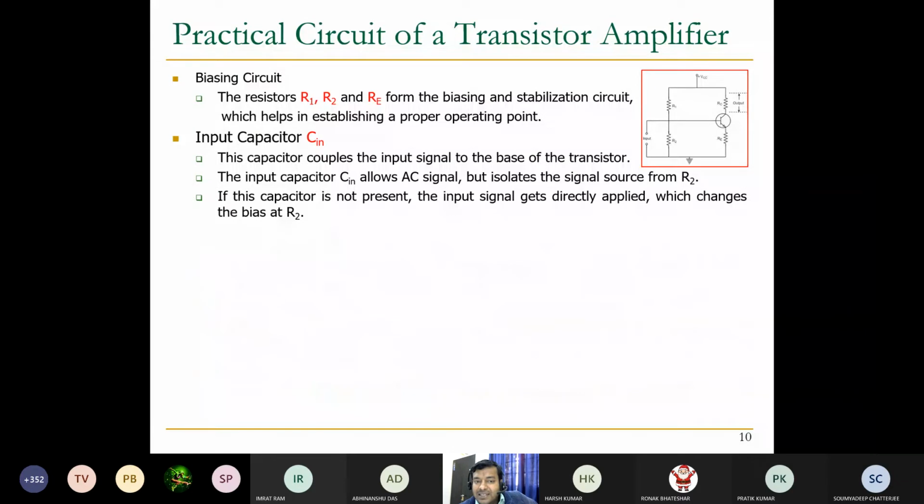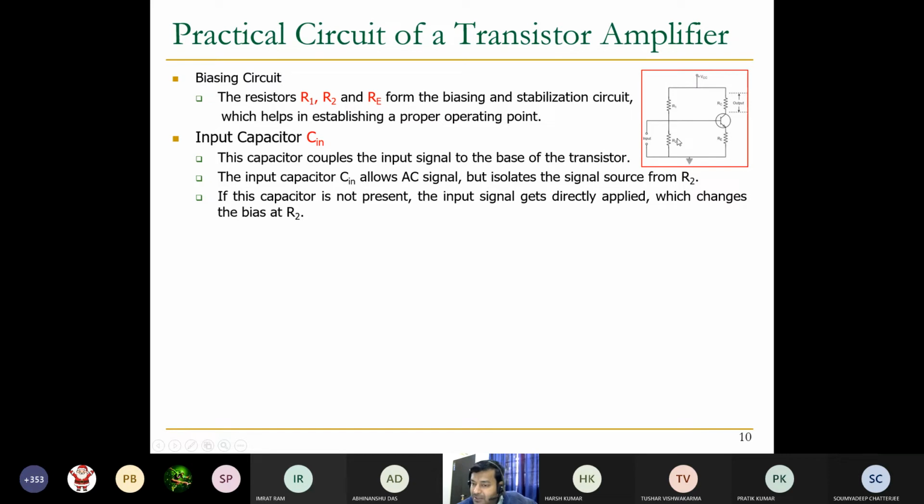So these are the biasing circuit; the biasing circuit basically consists of the R1, R2 and RE components. Then I am talking about the input capacitance, that is C in. C in blocks signals from the source to R2, for proper functioning.